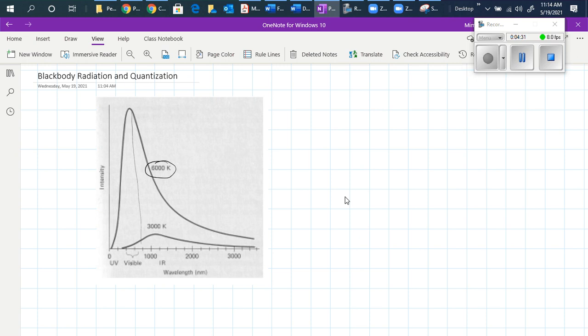Okay, the visible spectrum is here. And then as it goes down, we will have the infrared, and as it goes up or to the left, we will have the ultraviolet radiation.